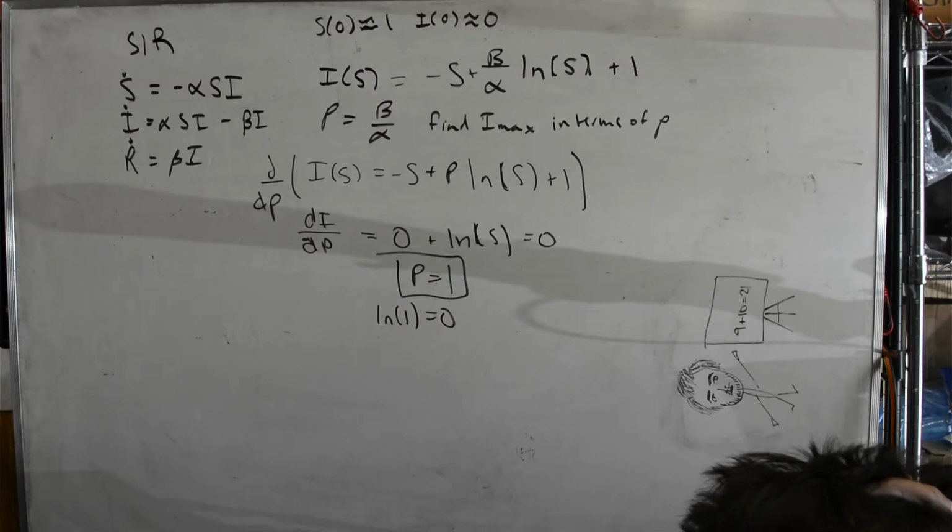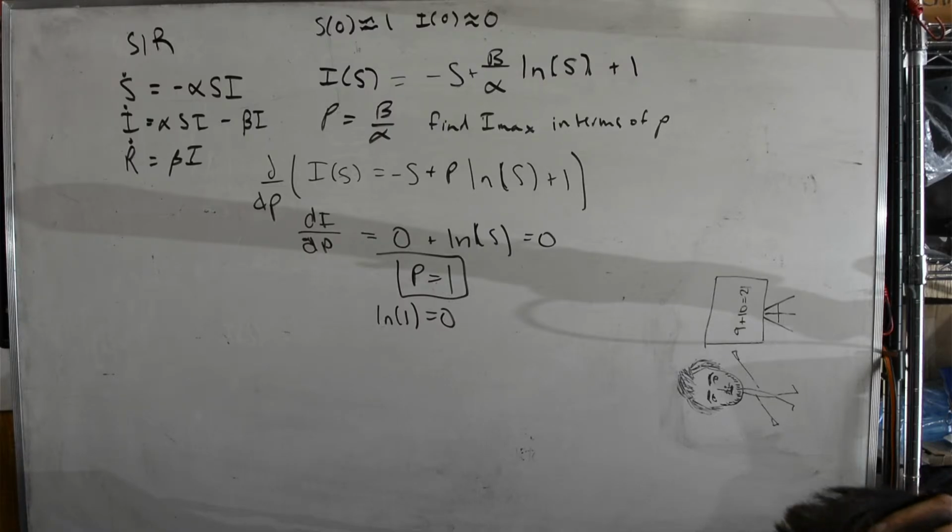Okay, so part B is the statement: the epidemic cannot get started if beta is greater than alpha. True or false?